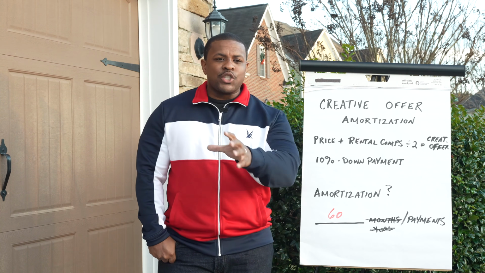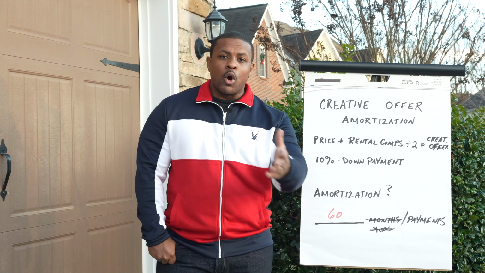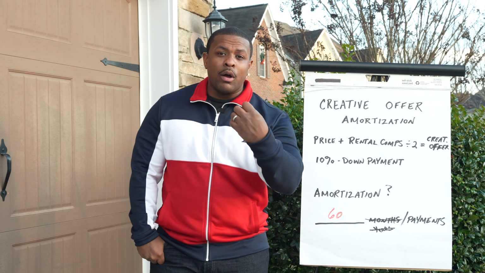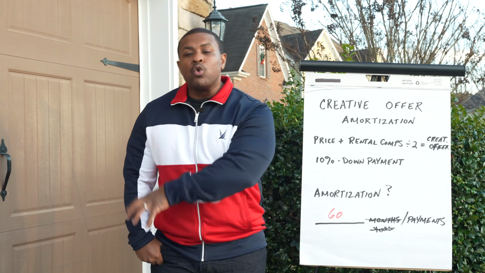So let's use the 5-year time period as an example again. Let's just say that you took out a $100,000 loan from the property, or you were to go to a mortgage company and you take out a 5-year loan. And then after that 5 years is up, you have to provide a balloon payment to the mortgage company.